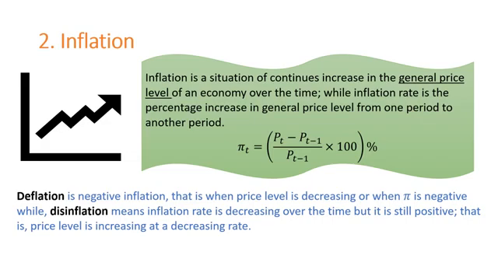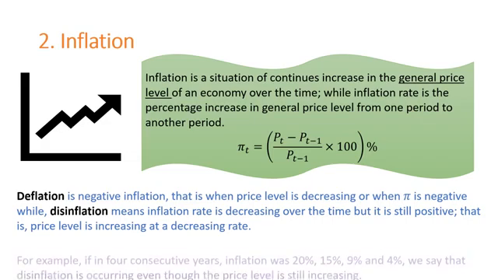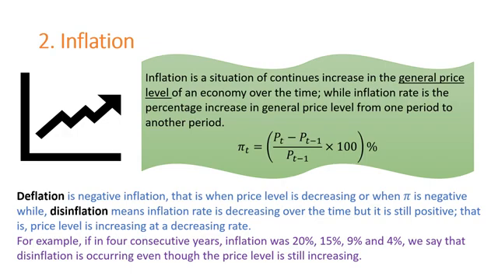That is, the price level is increasing at a decreasing rate. For example, in 4 consecutive years, if the inflation was 20%, 15%, 9%, and 4% respectively, we say that disinflation is occurring even though price level is still increasing.